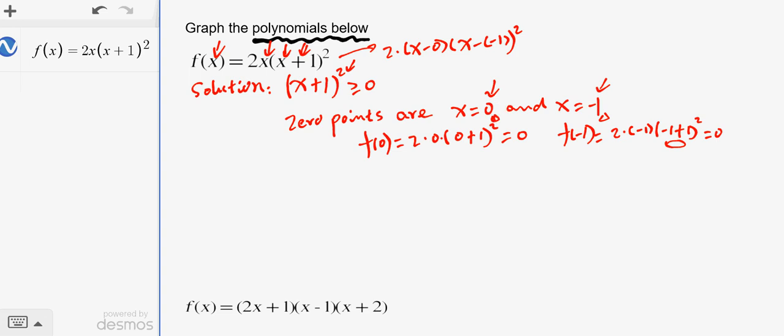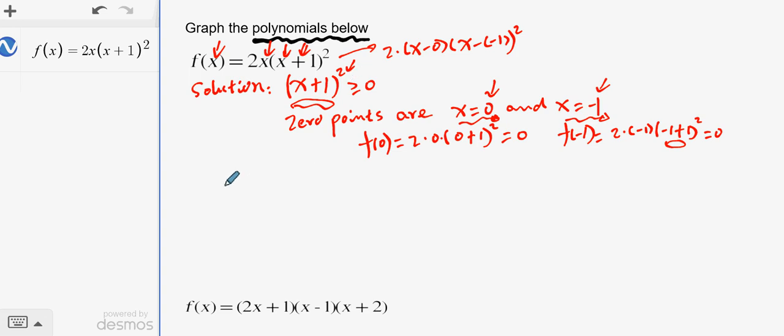Okay, and one right here. What is this one? So you know that the graph will pass through (0, 0) and (-1, 0). Okay, and then the graph is not going to change sign at x equals -1, because (x plus 1) squared is always positive.